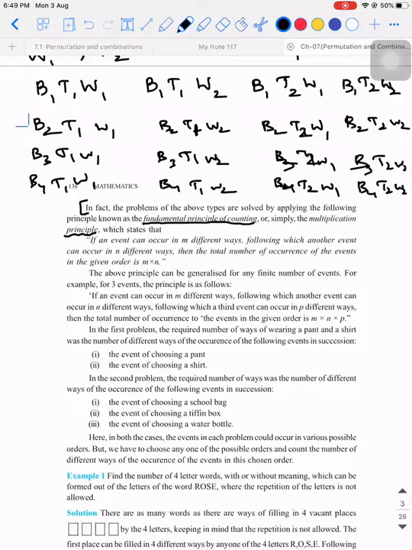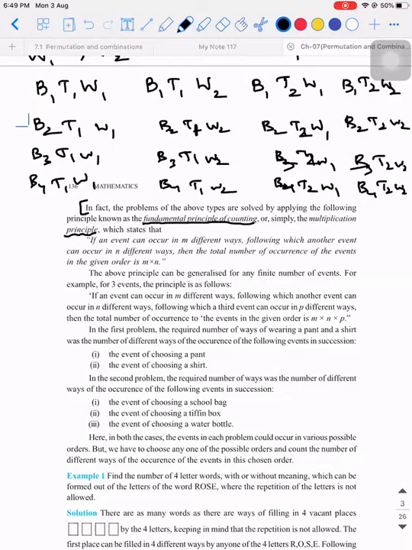If an event can occur in m different ways... Sir, so this in a way is like Cartesian product, no sir? Yes, it is.